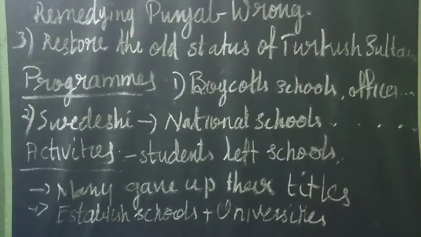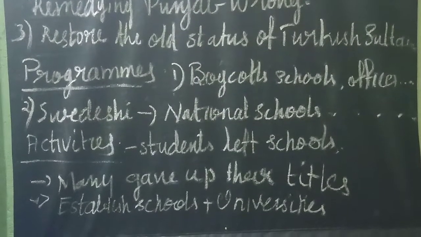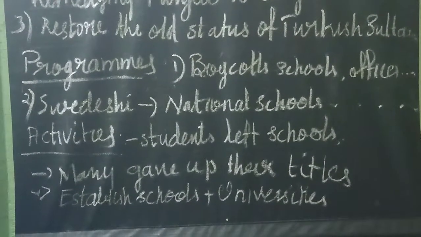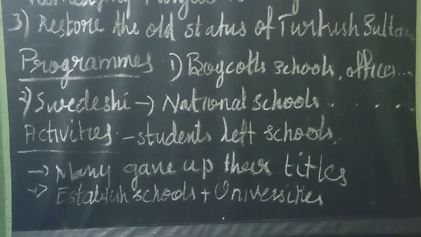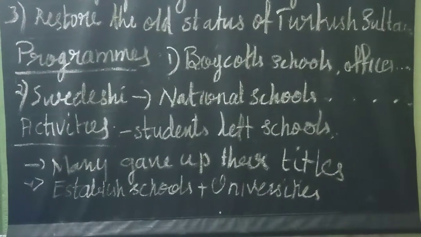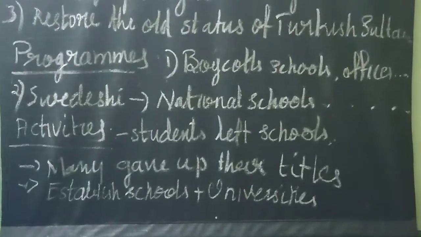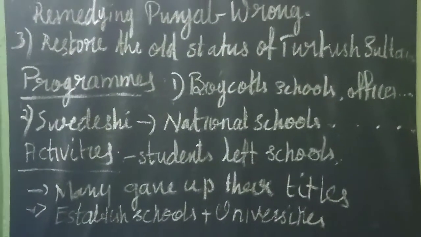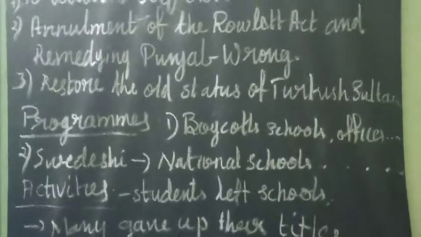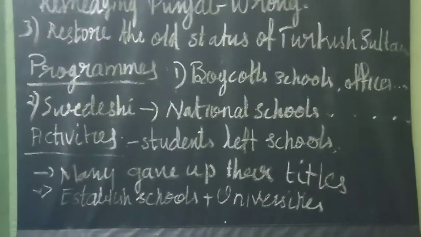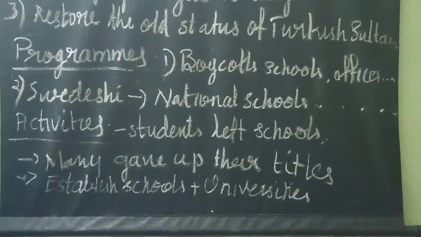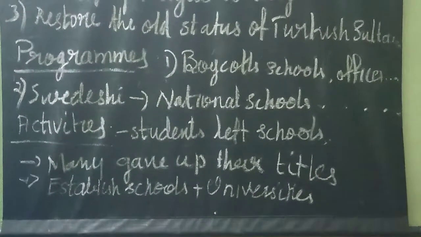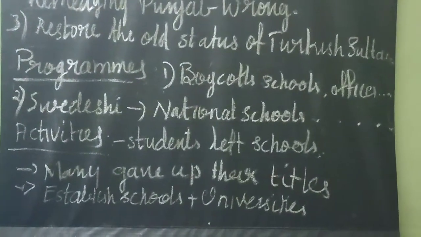Secondly, the Swadeshi program. The Swadeshi program means mainly introducing Swadeshi items and Swadeshi stores, and popularization of Swadeshi goods and Khadi by reviving hand spinning and hand weaving. They started to introduce hand spinning and hand weaving machines all over the country, and in that way they decided to produce our own country's goods.